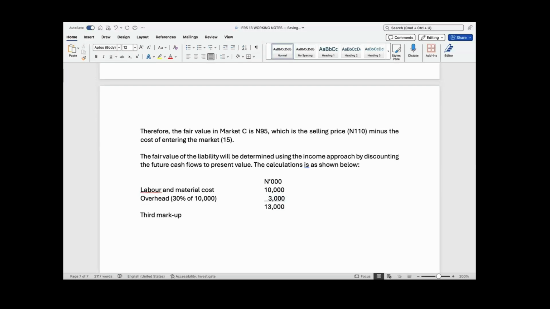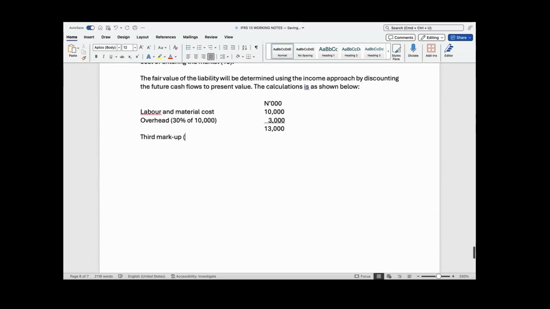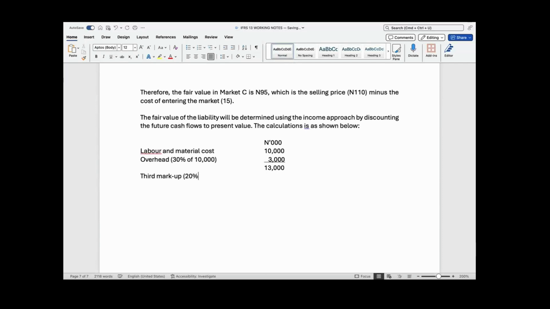So let's mark it up by how many percent? 20%. So let's do 20% of 13,000. What's that giving to us? Am I correct? You are correct, sir. Okay.